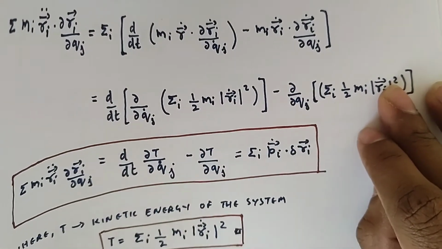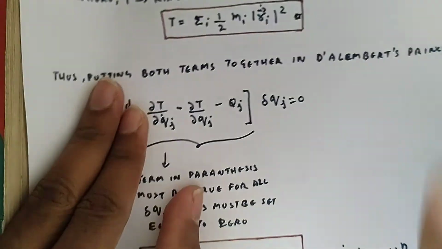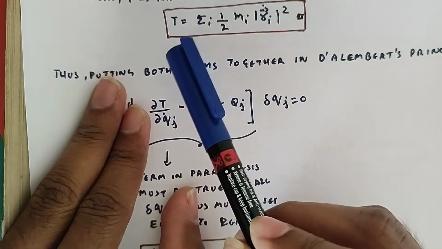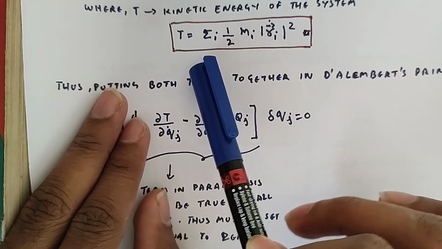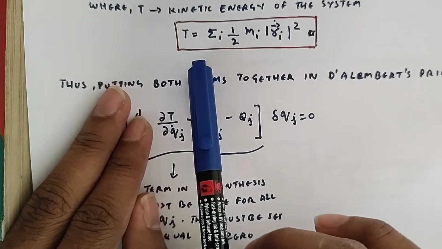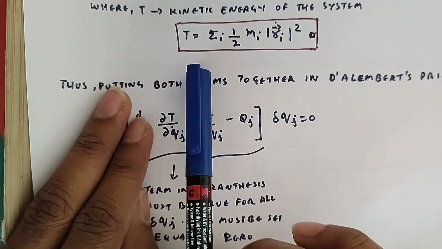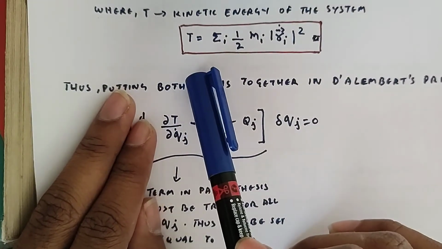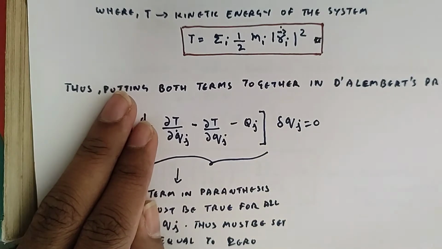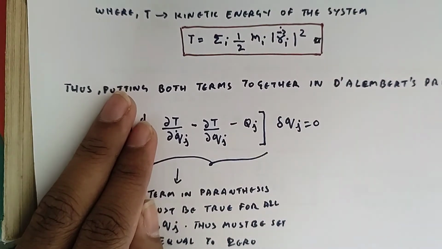Thus, I define a quantity called kinetic energy, represented by T. It's no more K as we used to write in Newtonian mechanics. Learn to write this equation in terms of T, because this is one of the standard equations that you will see throughout your career in physics.